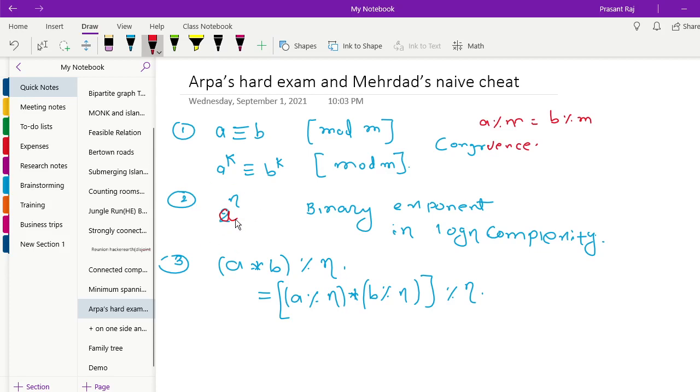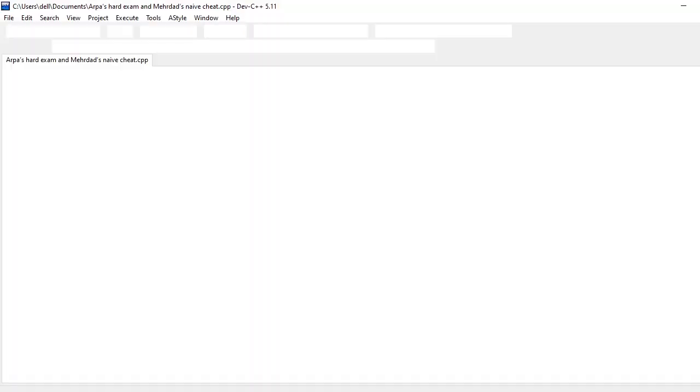That will be complexity of order n, but we need order log n, because n is 10 raised to the power of 9, which would give TLE if it is order n. So we use the binary exponential method, and here is the code.